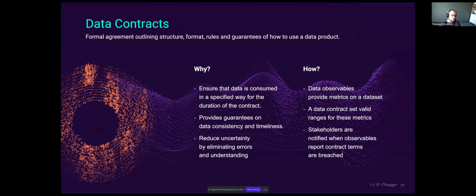Finally, an upcoming term: data contracts. This is a formal agreement outlining the structure, format, and rules and guarantees of how to use a data product or data collection. Basically, it is a guarantee from the maintainer of a data set or data collection about how this data set should be consumed.